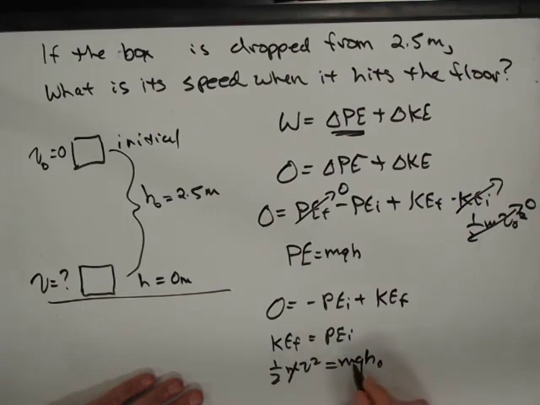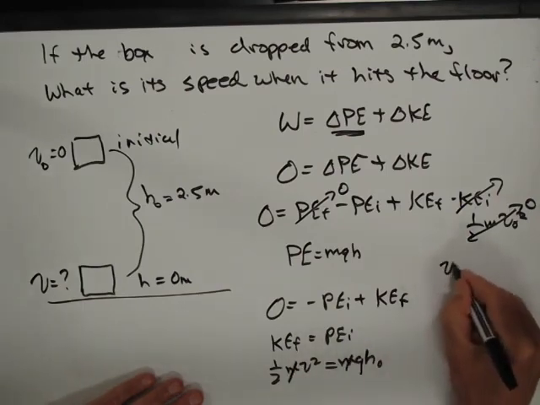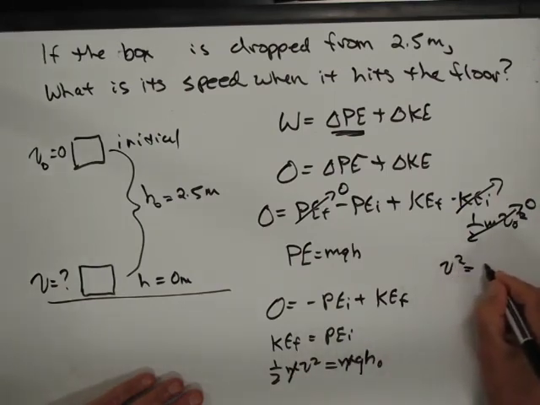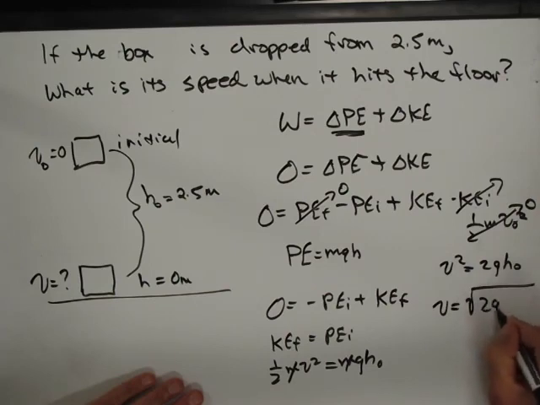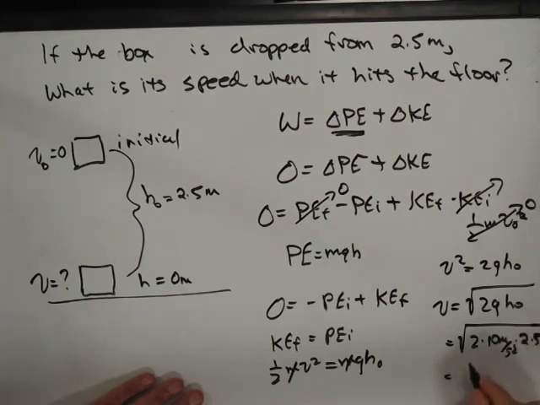I can cancel the m's, and I get V squared is equal to 2g h naught, or v is equal to the square root of 2g h naught, which is equal to the square root of 2 times 10 meters per second squared times 2.5 meters, which is equal to the square root of 50 meters squared over second squared.